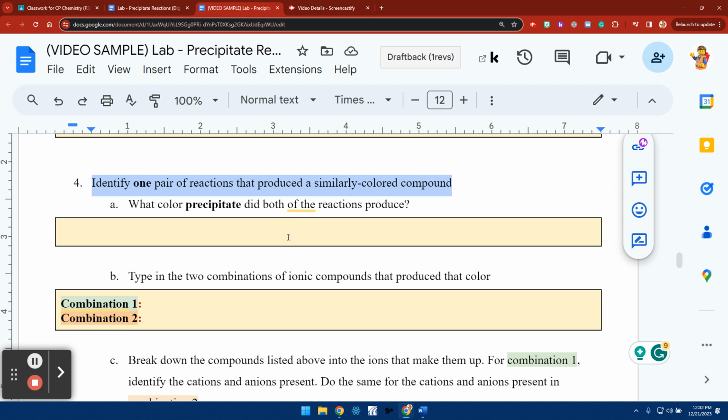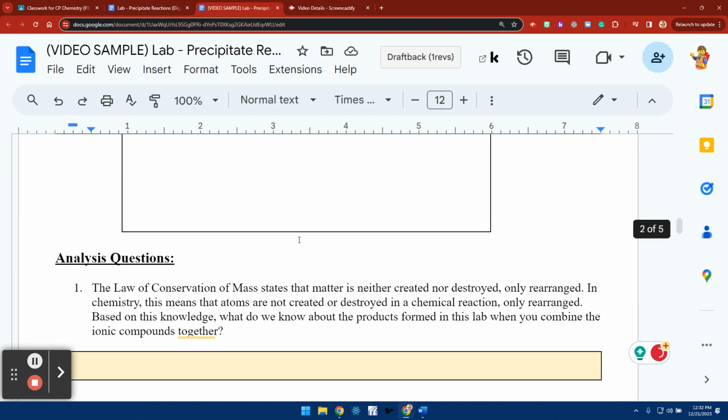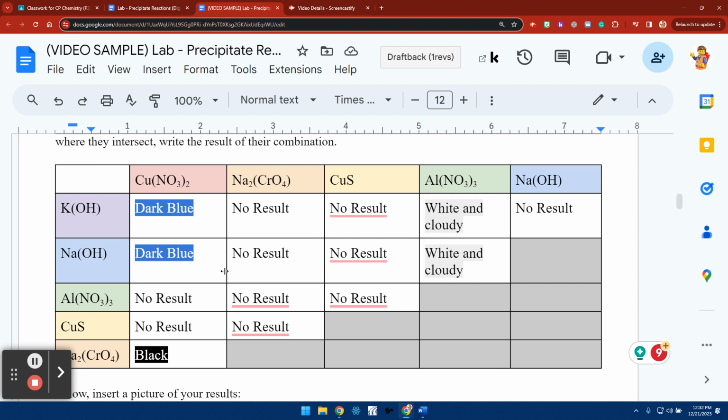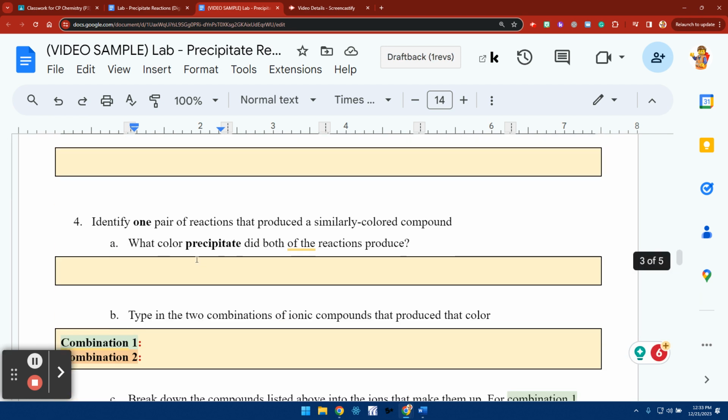All right. I'm going to choose from my data set. And remember, this is a made up data set. All right. So yours looks nothing like this, but I'm going to choose the dark blue compound. I want to figure out what that dark blue compound is. So down here, I am going to identify the dark blue precipitate.